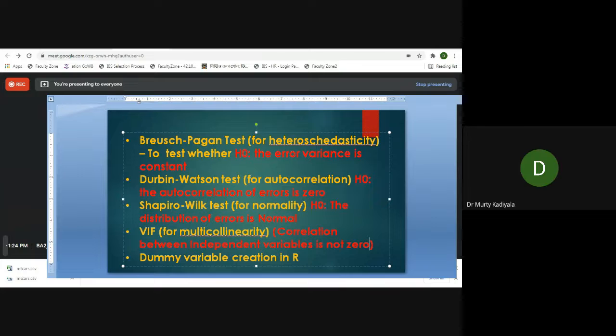So why do we drop these variables? Because when there are many variables, it is going to be a very complicated model. Have you heard of a term called parsimony? No, sir. Parsimony means very simple.